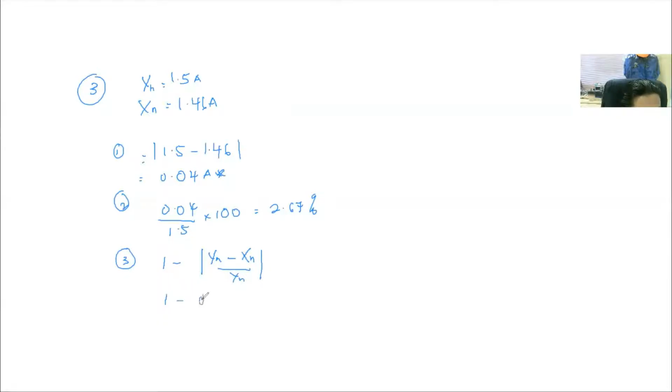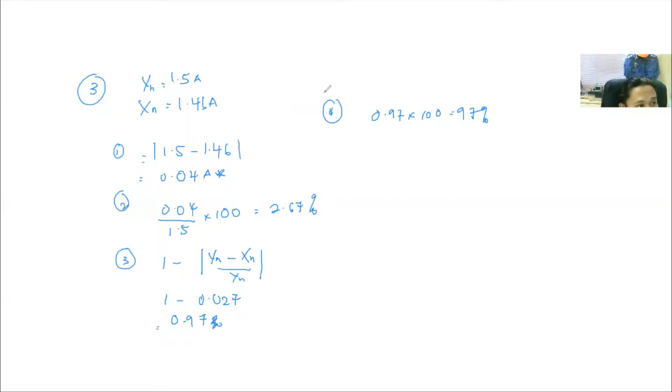So this is 0.027, and that's why the answer is 0.97. Then the percentage accuracy: 0.97 multiplied by 100 because it is in percentage, so it's 97. So that is the percentage of accuracy.